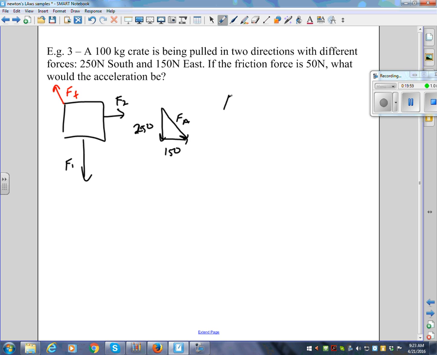So back to our old friend Pythagoras. FA squared is going to be 250 squared plus 150 squared. You'd think after all these years I'd have these answers memorized. Oh yeah, write this down.